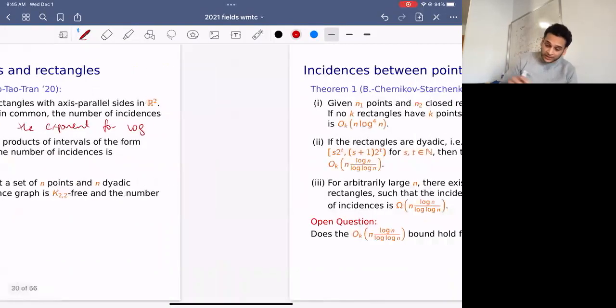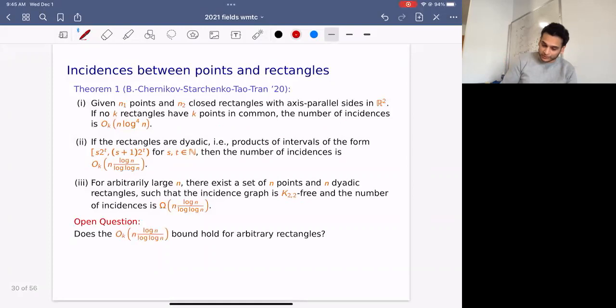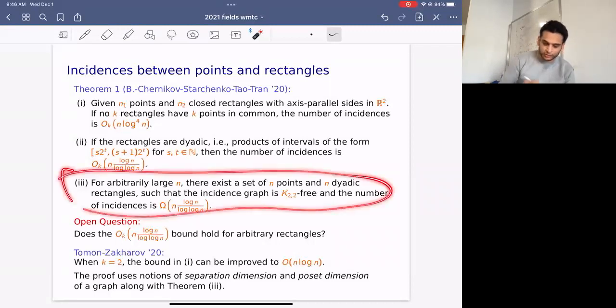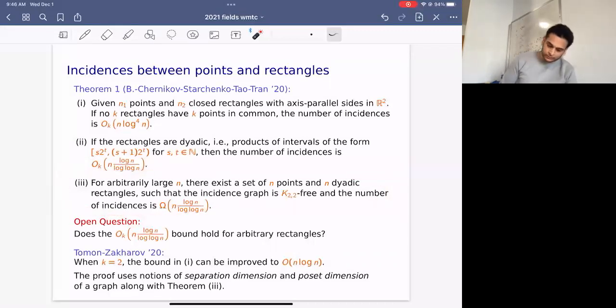But we do know something a little bit better. This was a result by Tomon and Zakharov last year, and they showed that when k is 2, you can improve this bound to n log n. They use very combinatorial ideas, this notion of separation dimension, and they also end up using our construction in some way. So for k equals 2, we know what the right bound should be, but not for larger k.